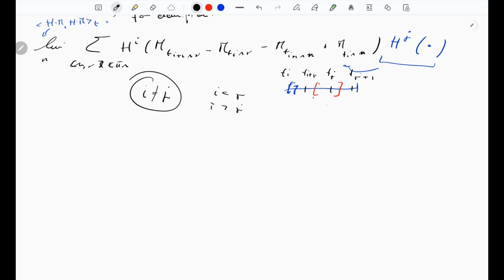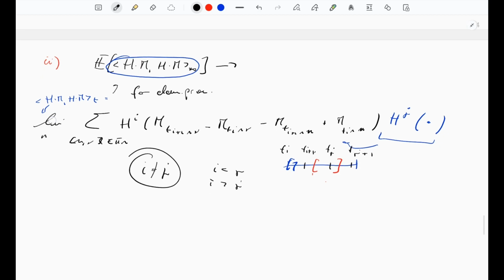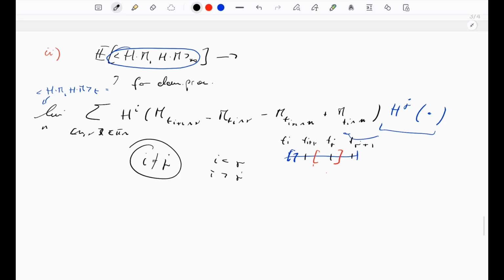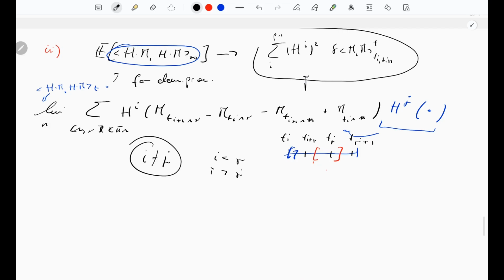And then when they're equal, eventually you can prove that it goes here. But it's equal to this, okay? But what is this?